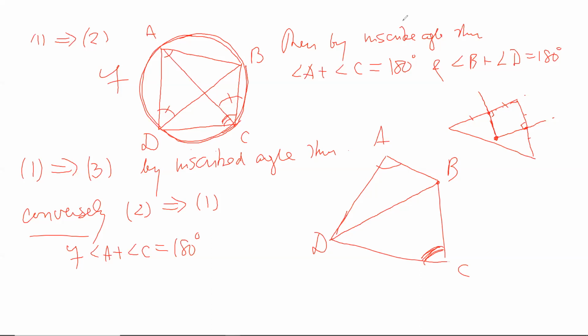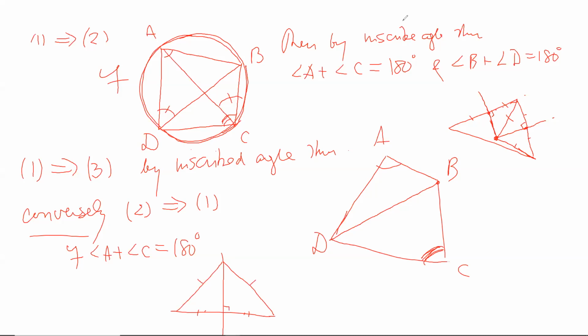If they are perpendicular bisectors, that means what? This side equals this one. We haven't done that yet, but we're going to do that tomorrow. So this side equals this side, right? So if you have a perpendicular bisector here, and this is a right angle, then this side equals this one by the Pythagorean theorem, yes?